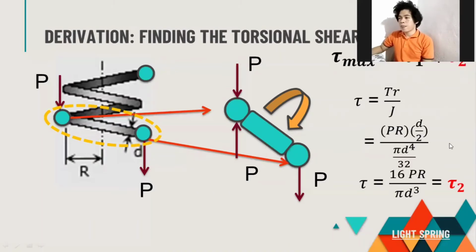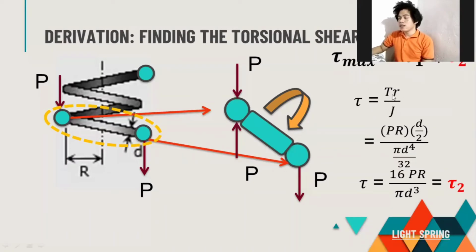So now let's get the tau, the torsional shearing stress or torsional shear stress, using our general formula for torsional shear stress.